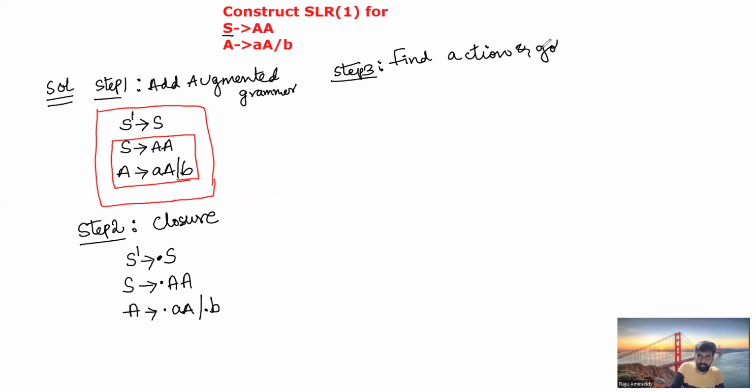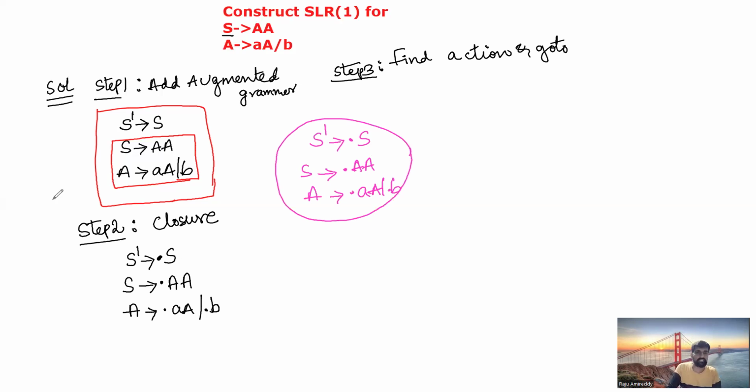We take the closure value: S' → .S, S → .AA, A → .aA, A → .b. This is the closure value. Just take this value as it is.